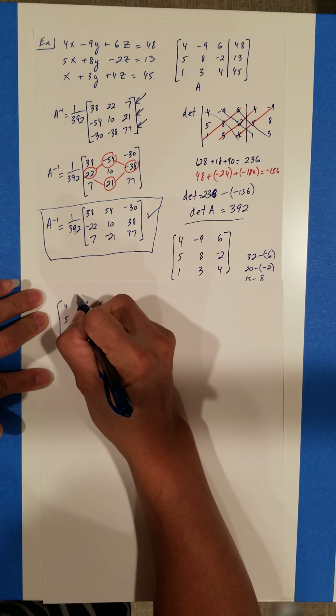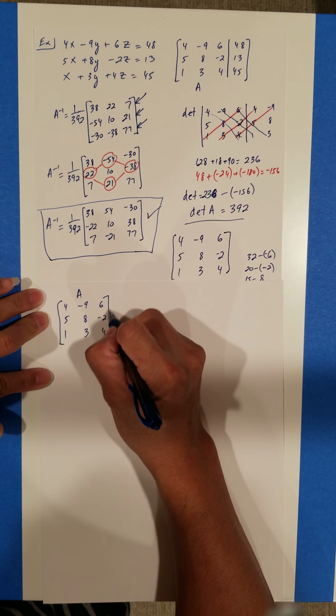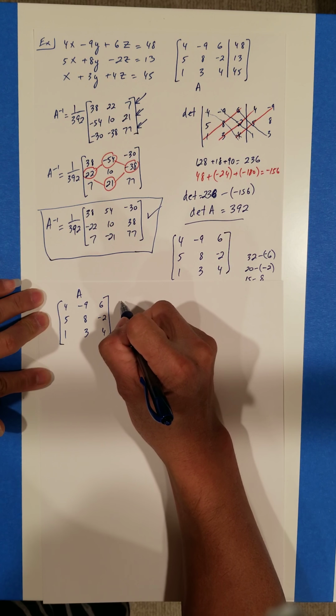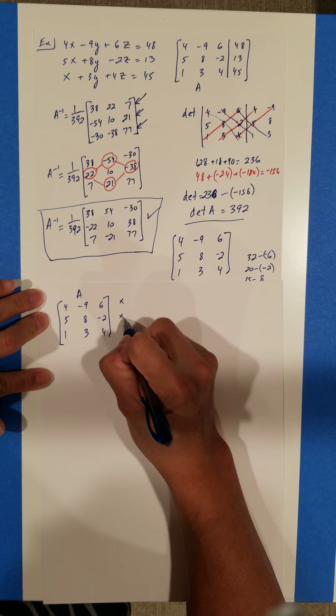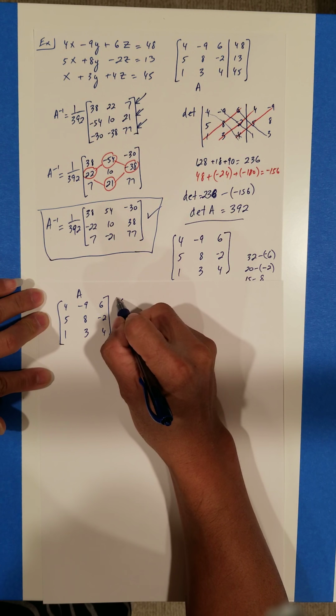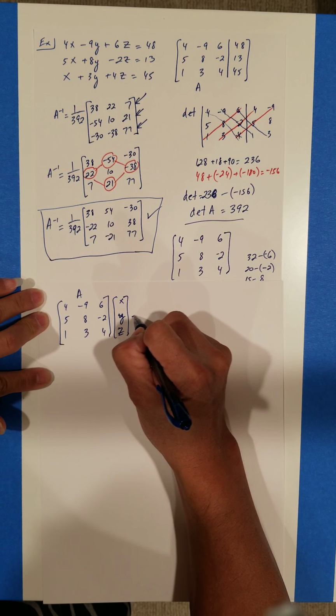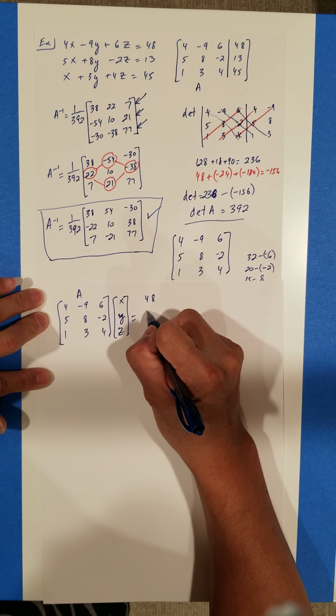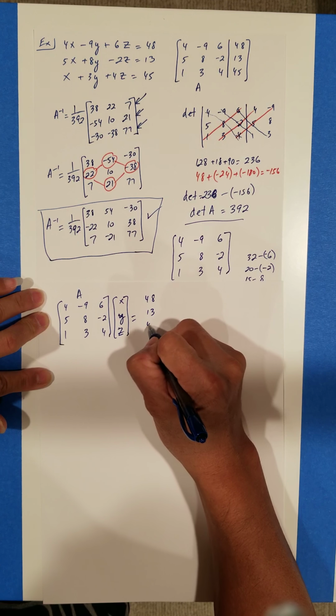This is my original A. And these are numbers that were multiplied with X, Y, and Z. When I multiplied X, Y, and Z, I got the answers 48, 13, and 45.